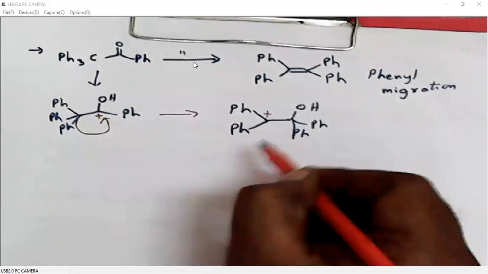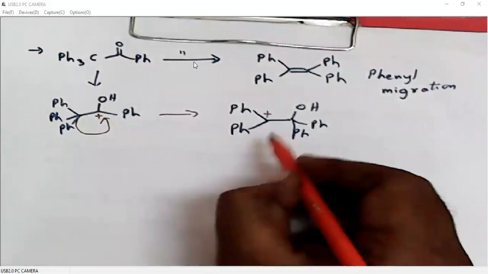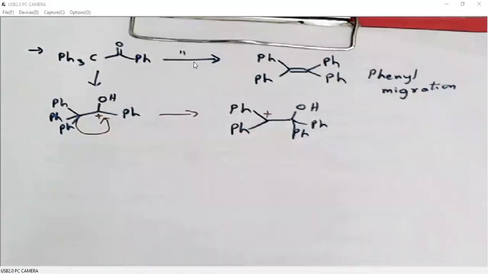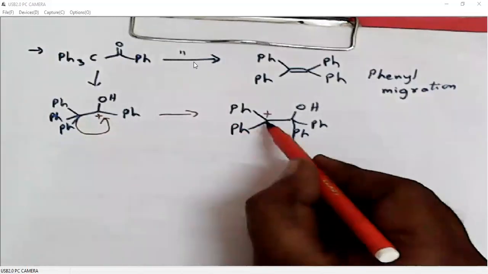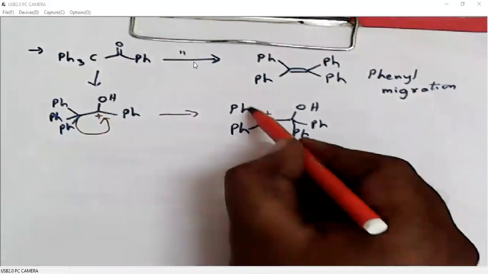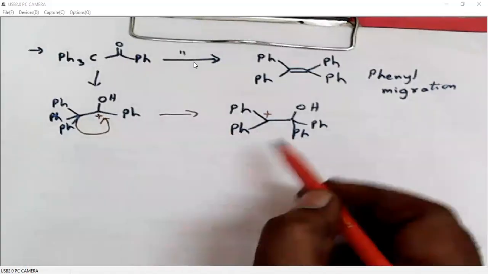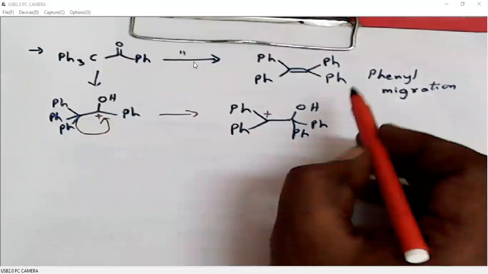It is a tertiary carbocation and it is dibenzylic. It is dibenzylic, so it is stabilized by this benzene ring as well as this benzene ring. So compared to this, this is more stable. Then it will undergo dehydration.